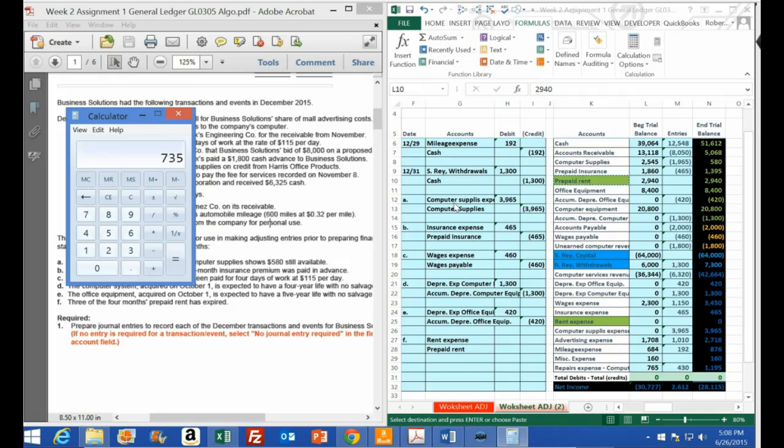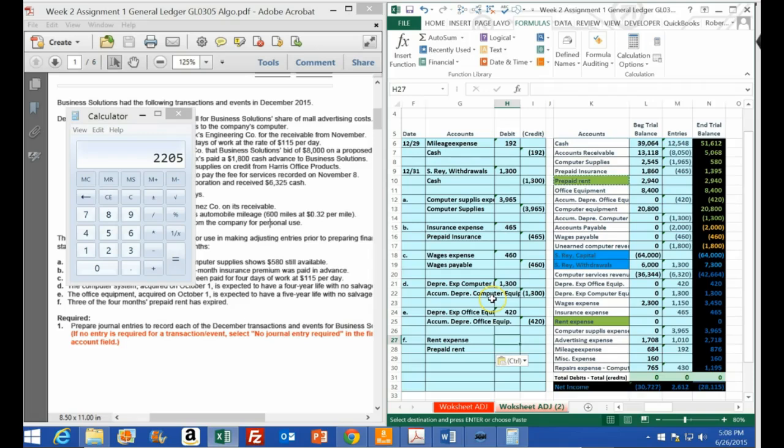So that gives us a monthly of 735. And we're saying 3 months of those have expired. Times 3 gives us the 2205. So let's think about that again. We're going to say equals the prepaid rent is 2940. Divided by 4 months gives us our monthly total times 3.